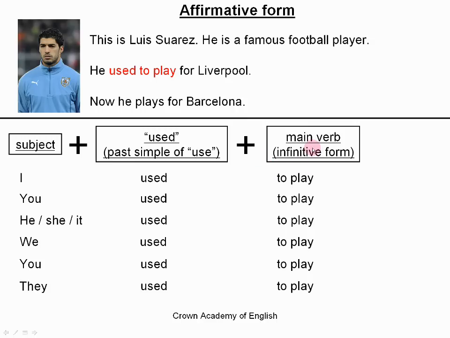And then we have the main verb in the infinitive form. So the infinitive form is the word to, and then the verb in the base form, play. I used to play. You used to play. Okay? So this is the affirmative form.